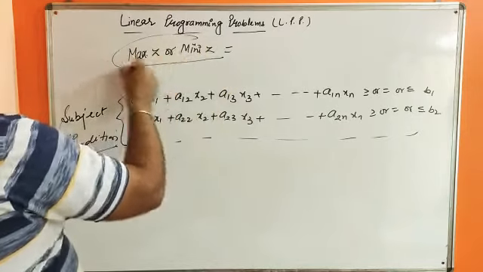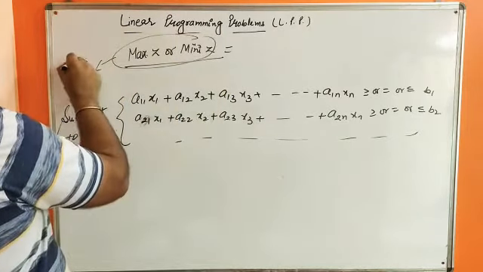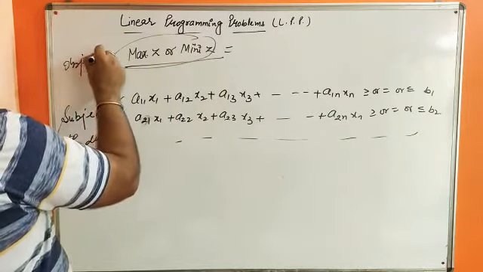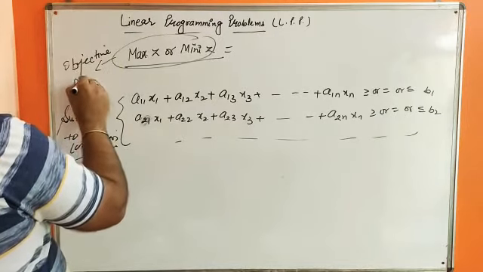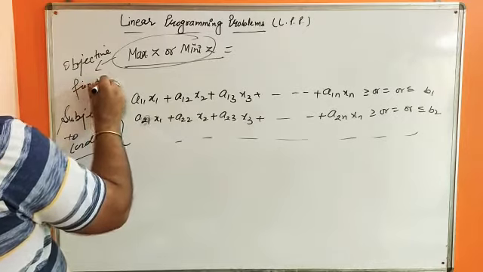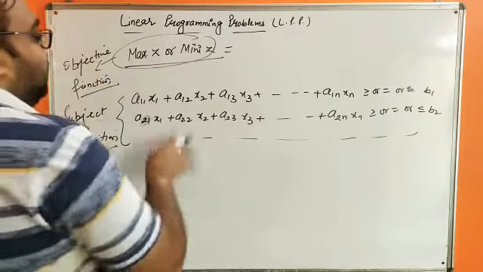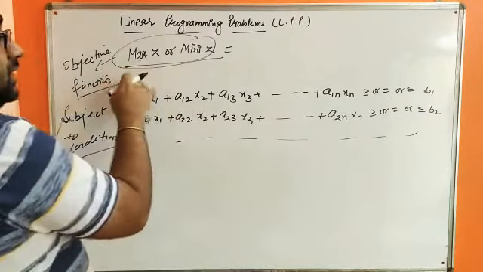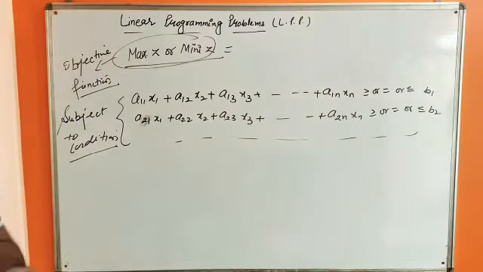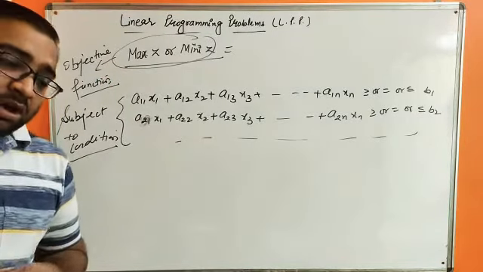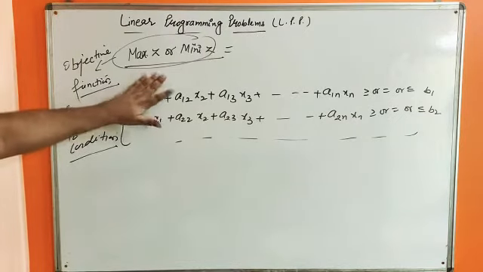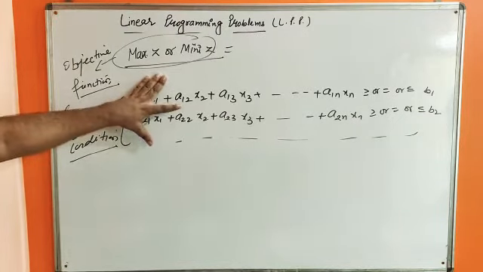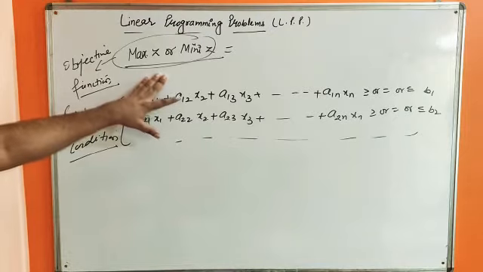This kind of function is known as the objective function, which defines the value of the function as maximum or minimum. Either it shows maximum profit or it shows minimum cost.